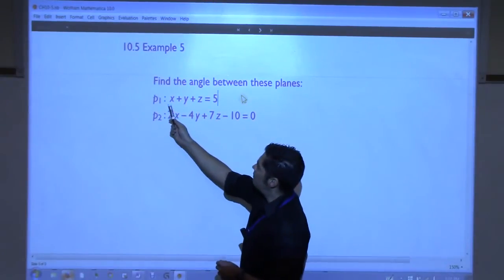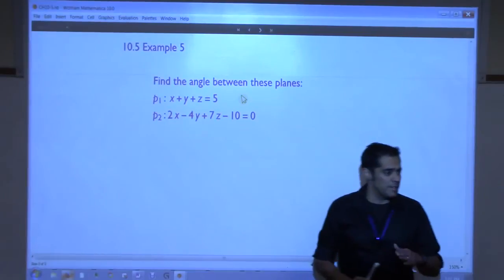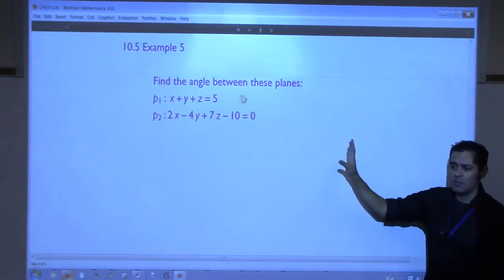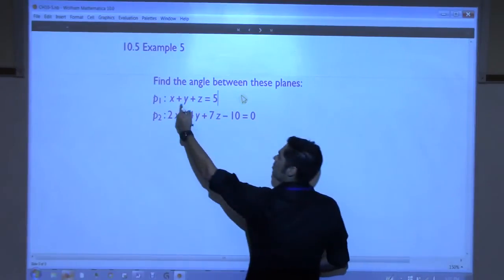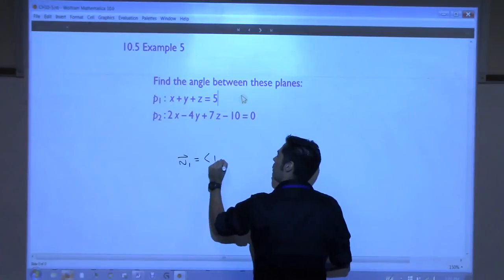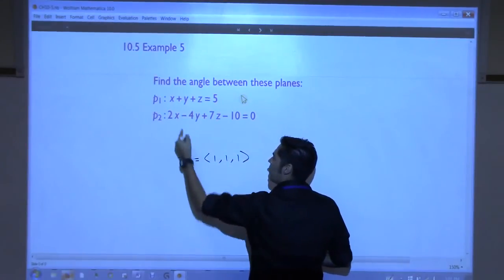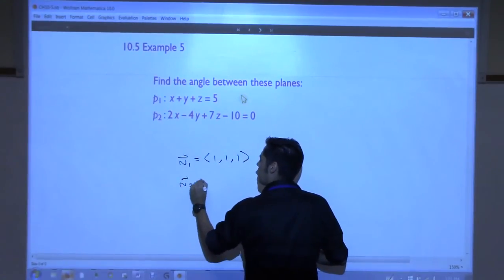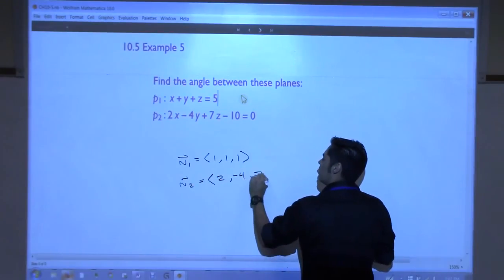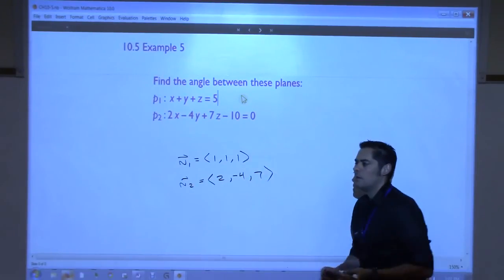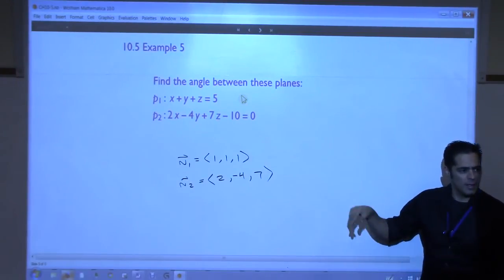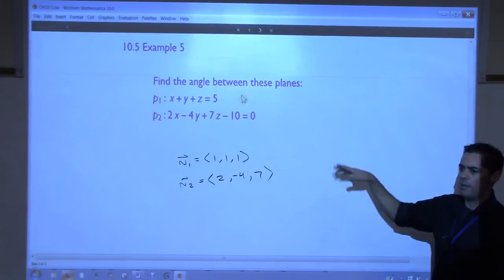It's the coefficients of the variables x, y, and z, as long as the x, y, and z are all moved to one side of the equation. So for this one, the normal vector, I'll call it n1, would be the vector 1, 1, 1. And for this one, n2, the normal vector would be 2, negative 4, 7. Then you just find the angle between these, using the formula theta equals cosine inverse, and so on.